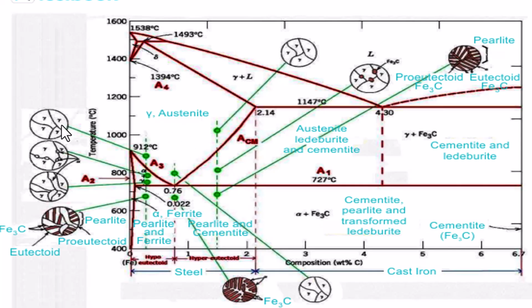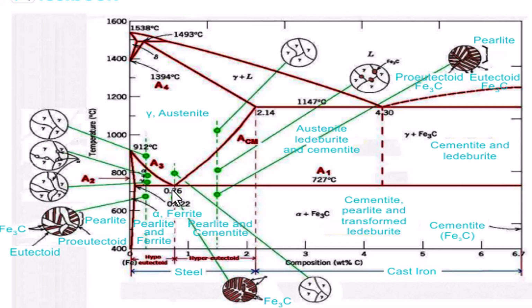This is indicating austenite, and it undergoes these different points. What happens here is that this austenite changes to ferrite and pearlite region, where the ferrite is more. This white region is ferrite, and these alternate layers indicate the pearlite.